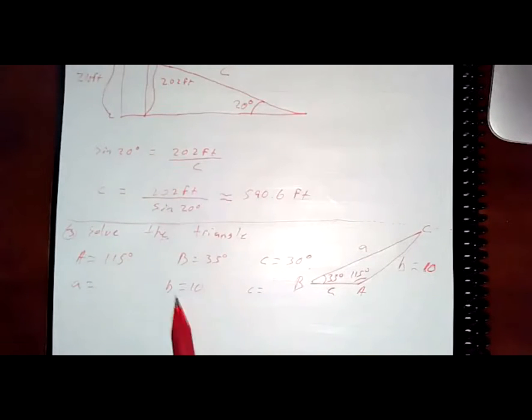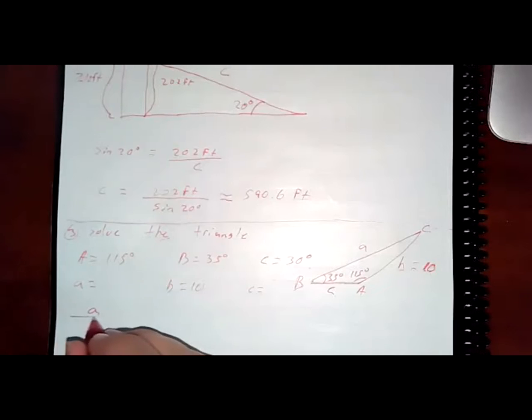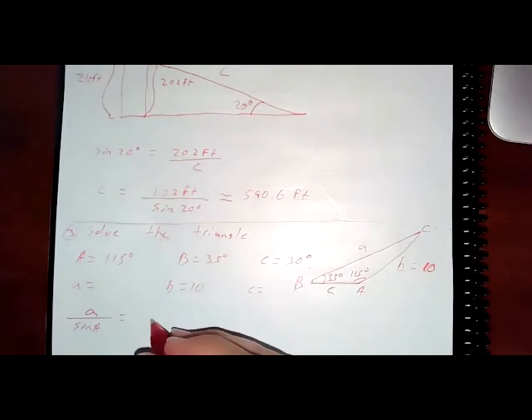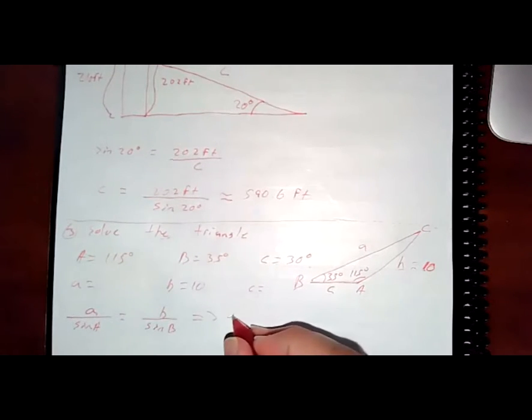So let's go ahead and use this to help me find the missing pieces. So little a over sine A is equal to little b over sine B according to the formula, right? So do your algebra, solve for little a by multiplying both sides by sine A. That will get you to here.